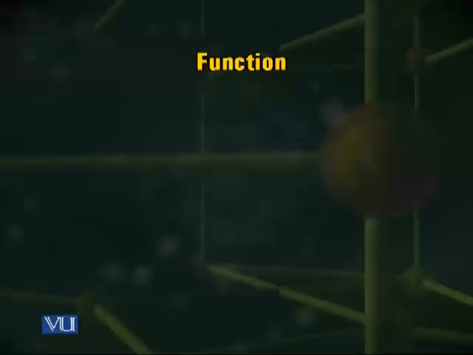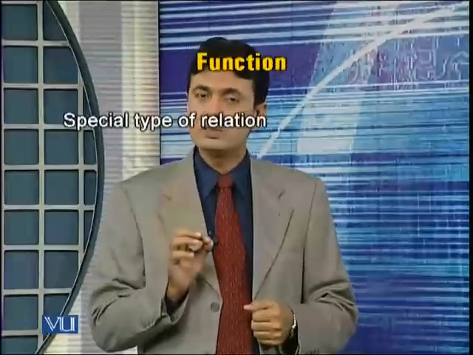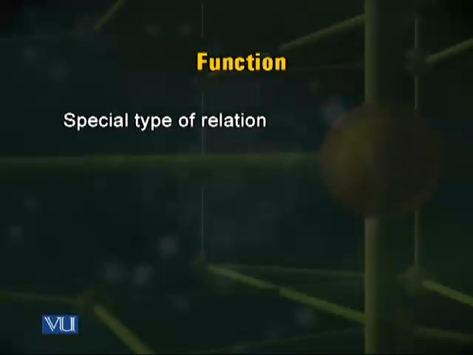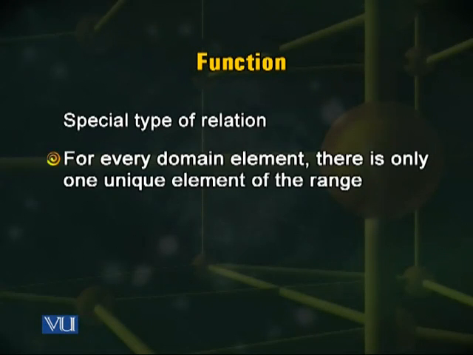The last thing that we are going to talk about in this lecture is functions, which is related to Cartesian products and relations. As I told you, a relation is a subset of a Cartesian product, any subset. But a function is a special type of relation with a very strict restriction that for all the pairs in a function, every domain element being used should have associated with it a unique element of range.